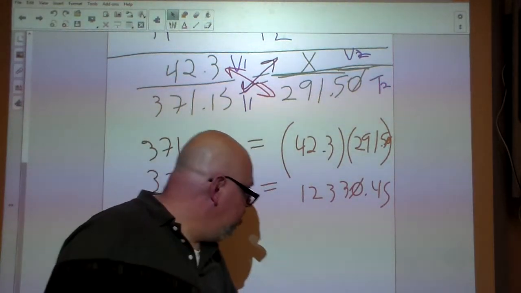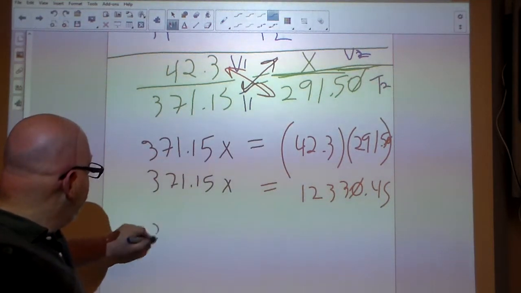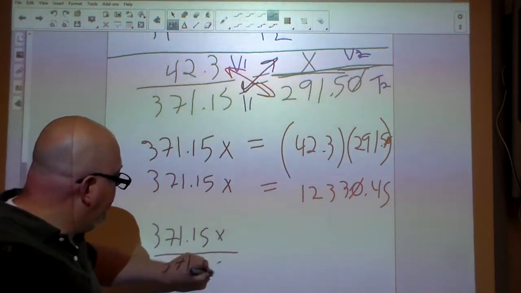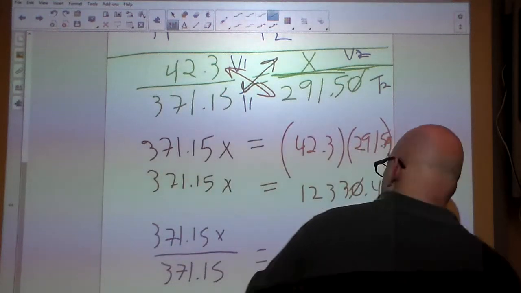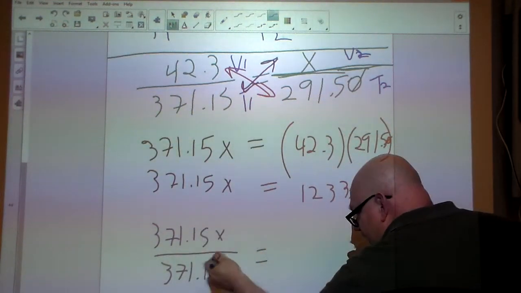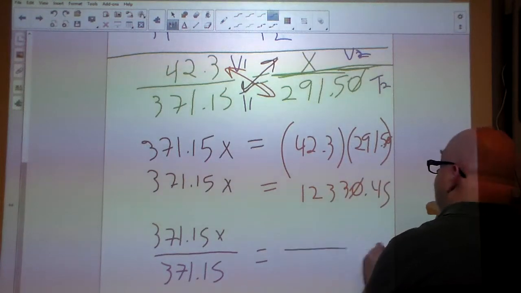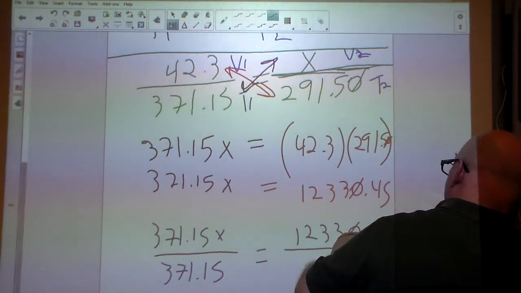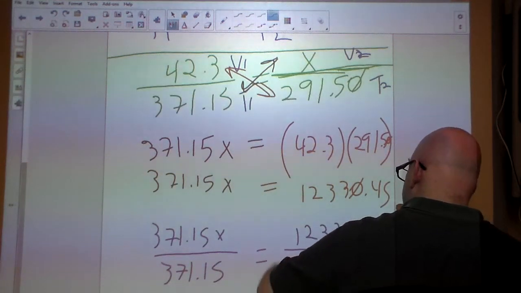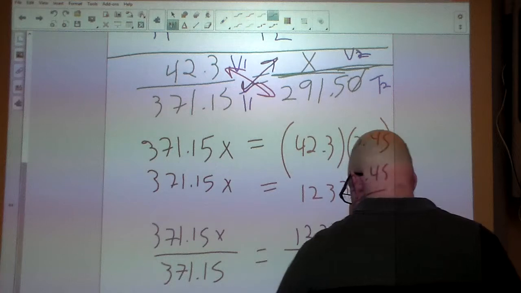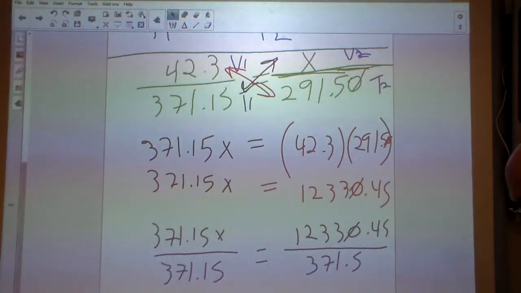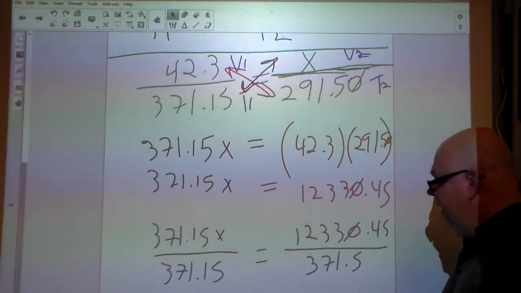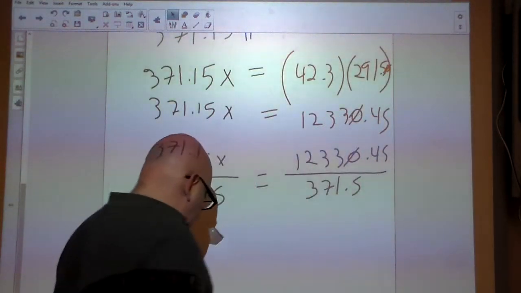So as we do that, we take 371.15x divided by 371.15 is equal to 12,330.45 divided by 371.15, and we'll divide and get our final answer.